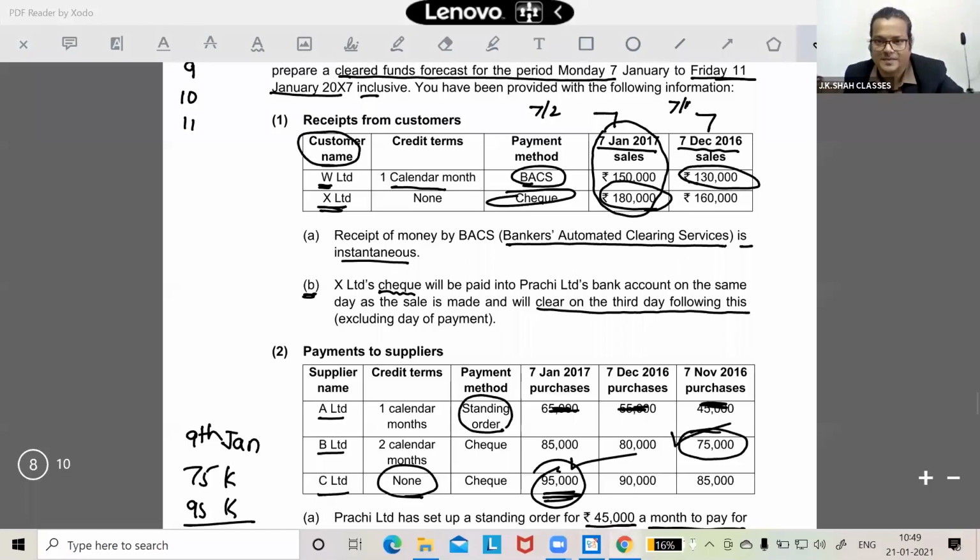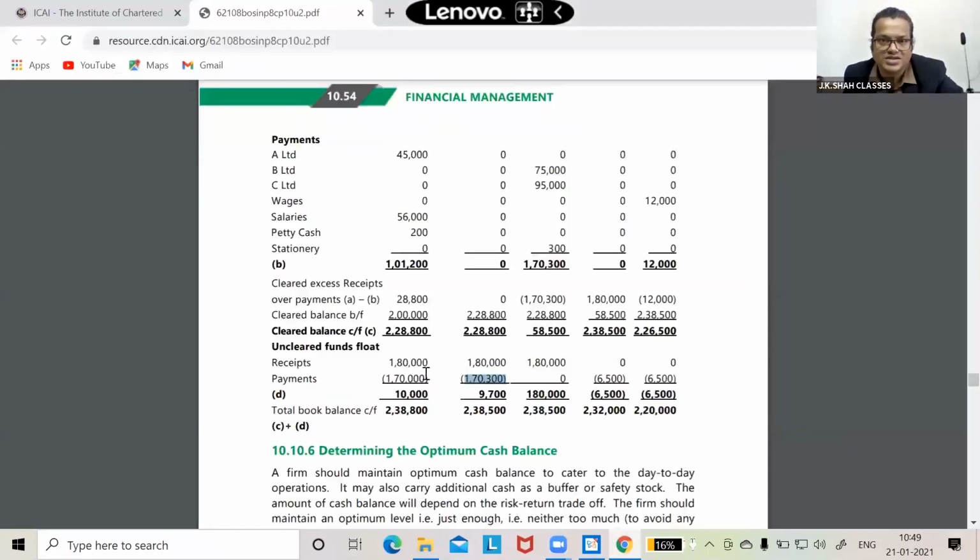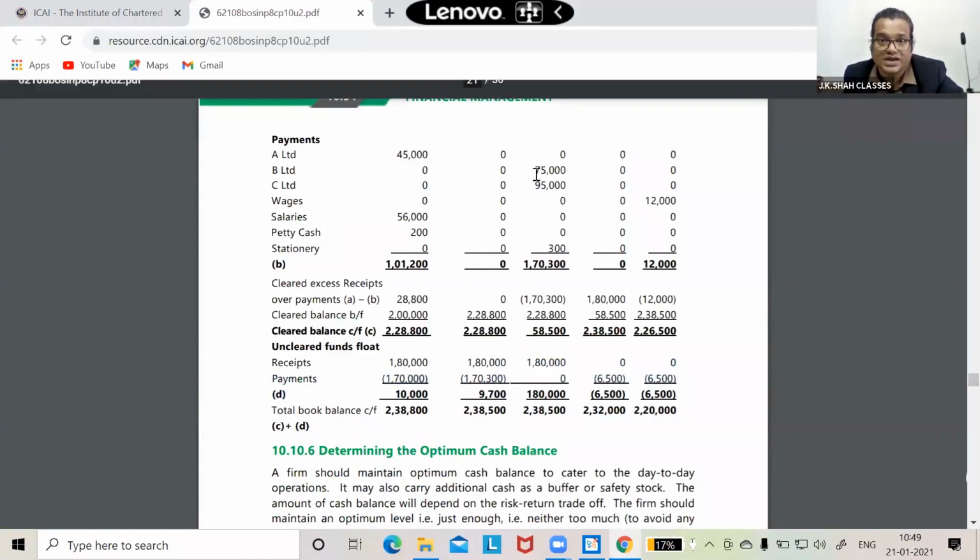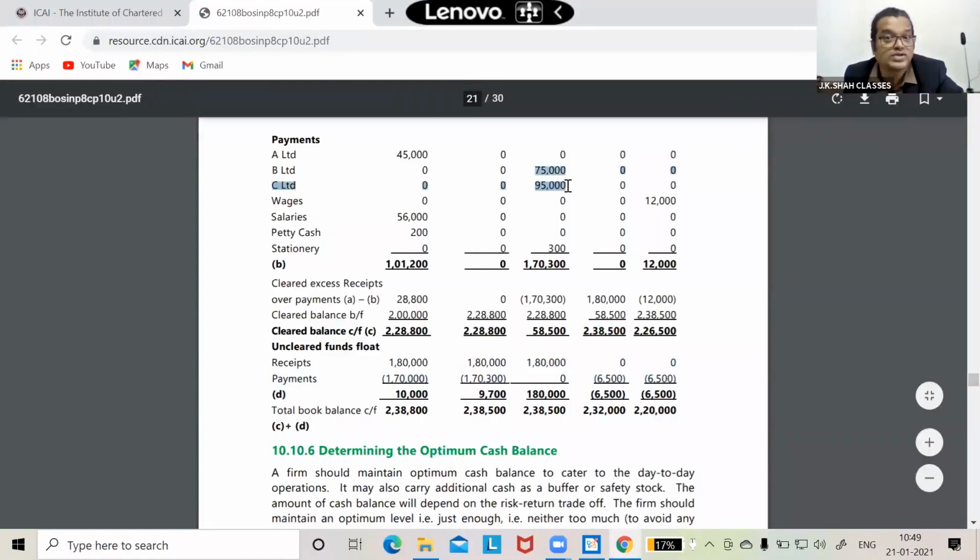Did I again stop sharing the screen? See, we're talking about why there is an unclear float of 170 on 7th and 170, 300 on 8th. So it is related to this. See, this payment we justified to suppliers, 75 and 95.